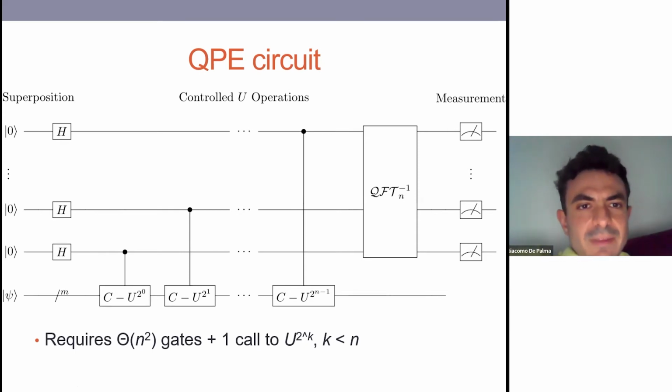So what does it mean? It means that, for example, the last qubit will be the least significant digit. So if we change this digit, the number will change by 1. And actually here you see a control U gate, which applies U a single time.